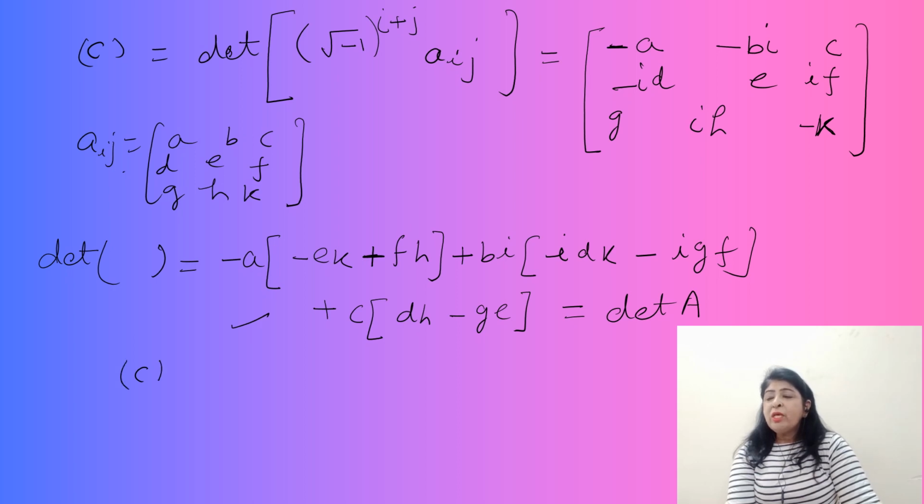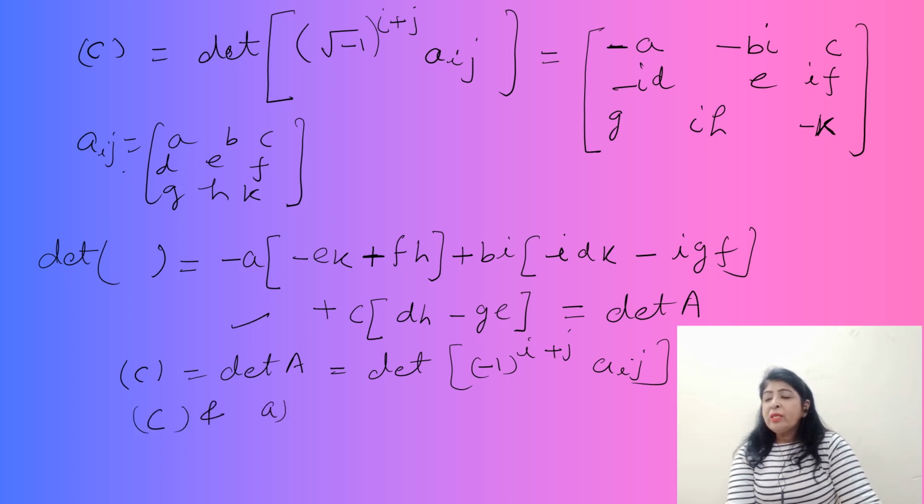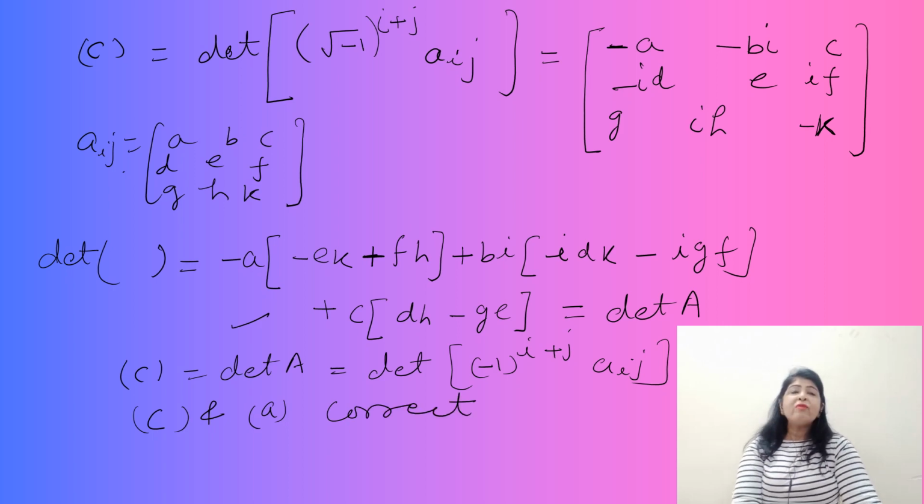So C is equal to determinant of A, which is equal to determinant of minus 1 raised to power i plus j a_ij. So options C and A are correct. And for D it was negative of A, that is not possible. So answers are C and A.